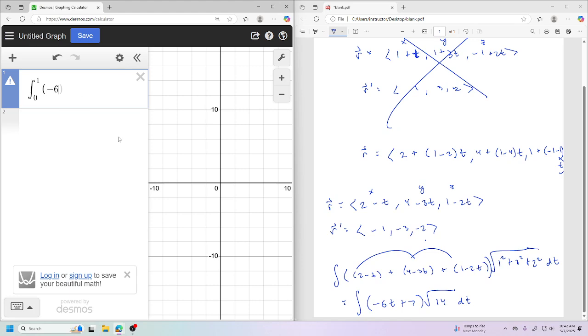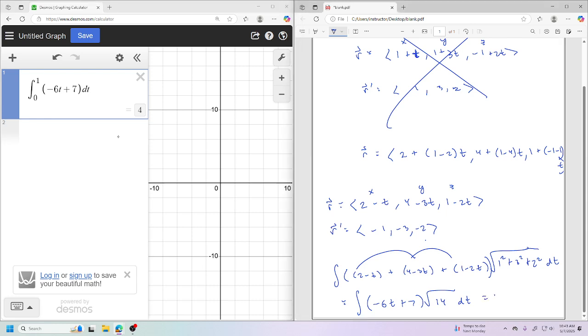And so -6t plus 7 times the square root of 14, which is going to mess up our plans. Oh, it's 4 square root of 14. And you said 2 square root of 28? I have no clue.